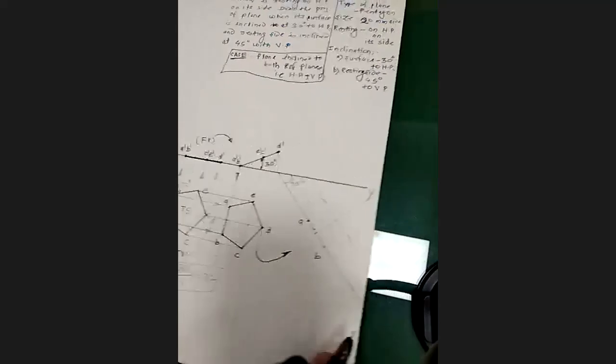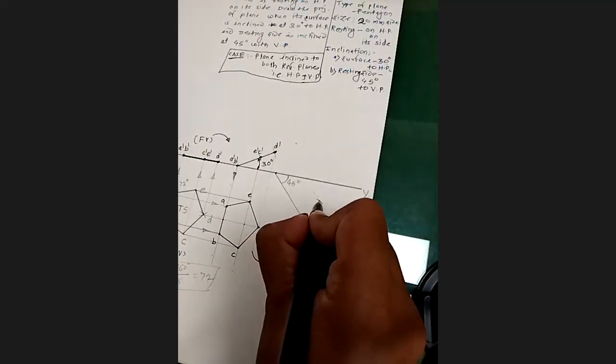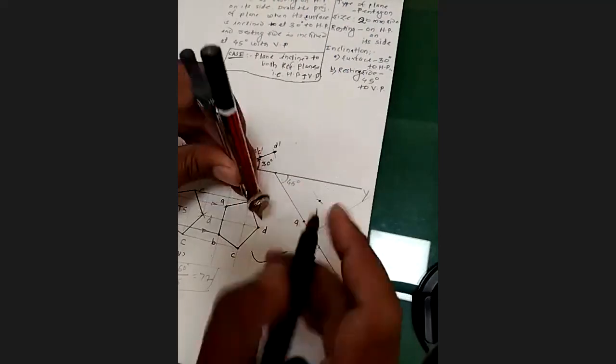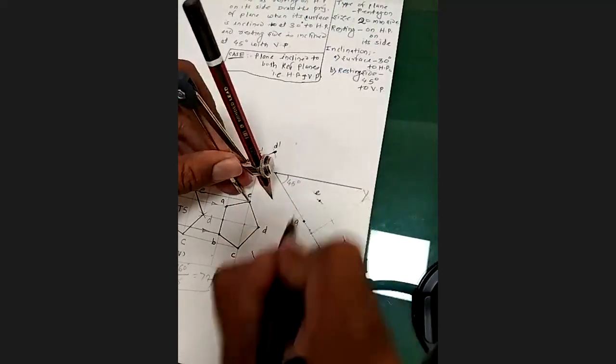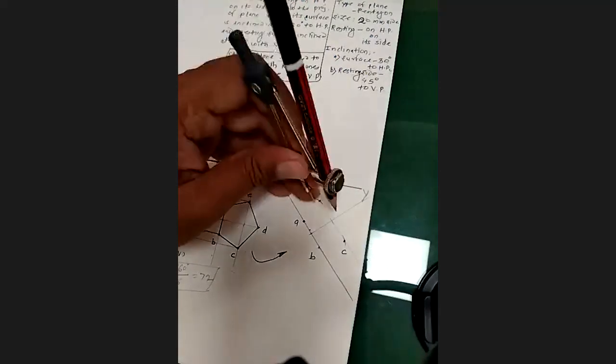Similarly, once I get these two points, at the intersecting point, I will take this E to D distance here. I will name this point E. This point is C, and I have to get the D point.